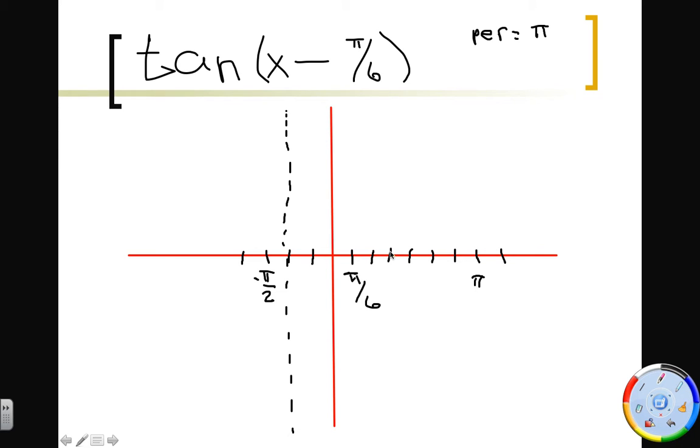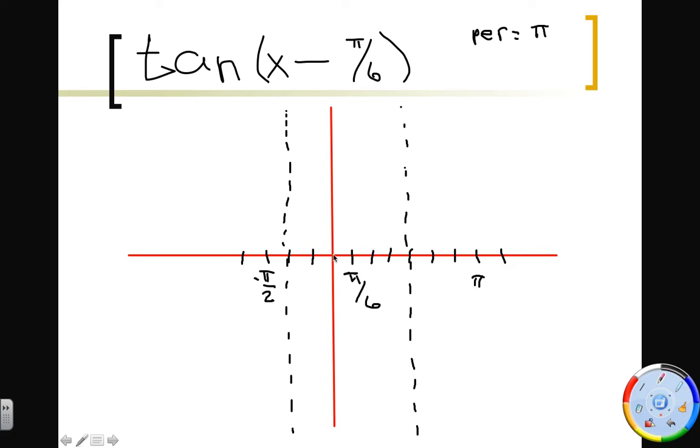Also, likewise, on the other side, normally my asymptote is at pi halves, but I have to move pi 6 to the right. And I get those lovely asymptotes there.